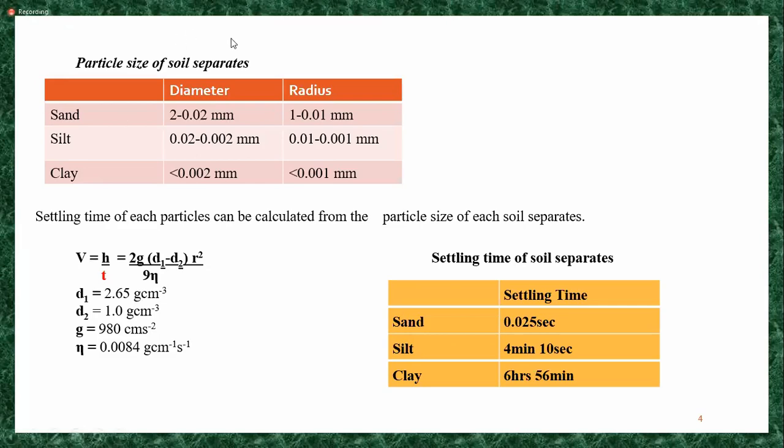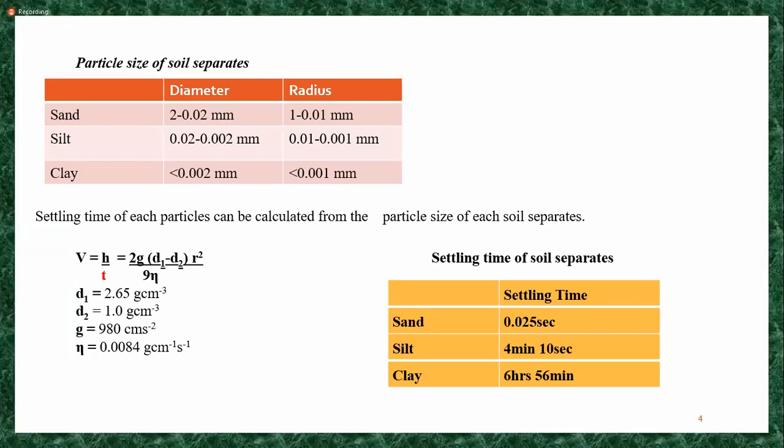You all know about the diameter of sand, silt, and clay, right? You studied all these things in your theory. Here you can see the settling time. Different types of soil settle in different times. For sandy soil, it takes around 0.025 seconds to settle down.